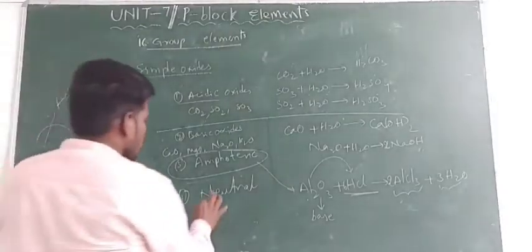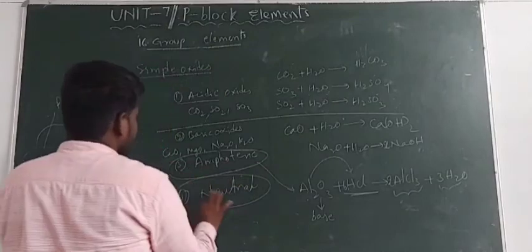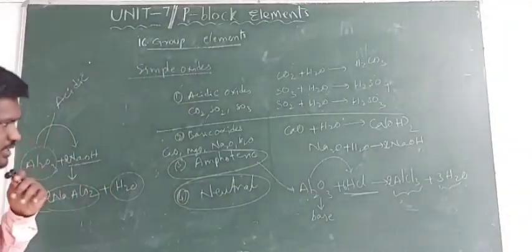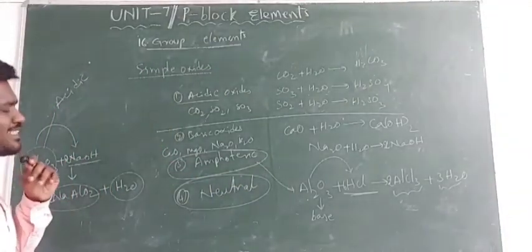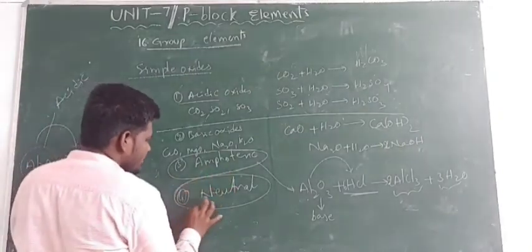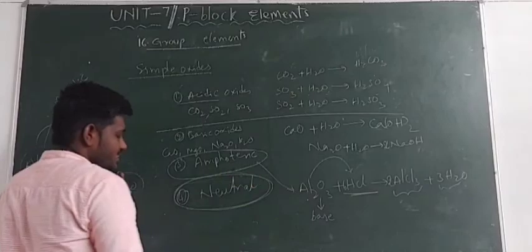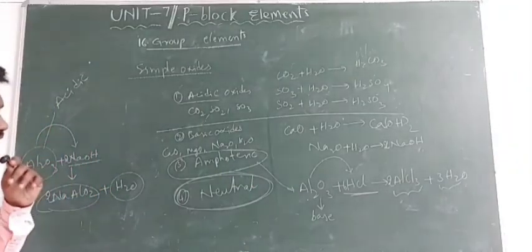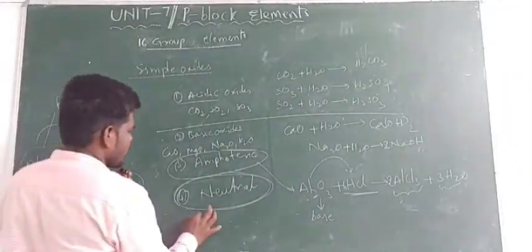And the next one, neutral oxides. Which oxides are known as neutral oxides? The oxides which are neither acidic nor basic are known as neutral oxides.